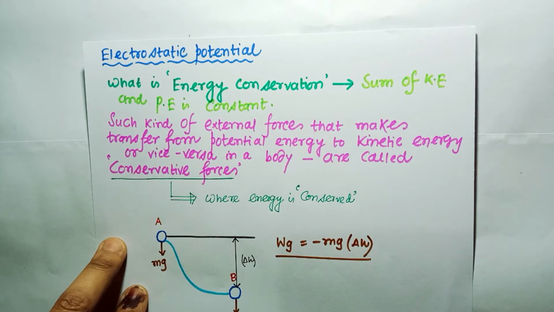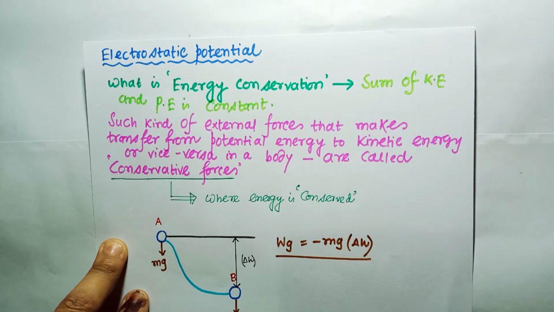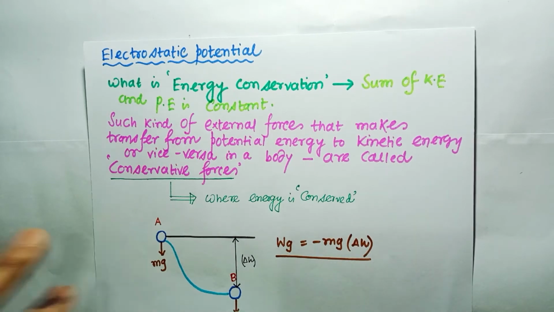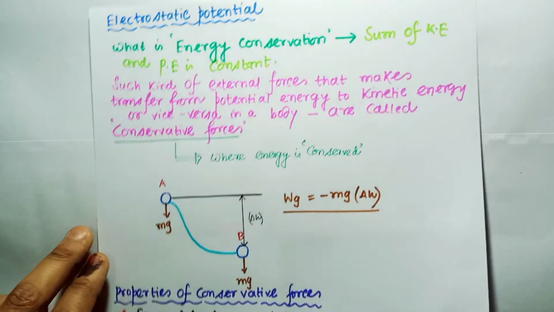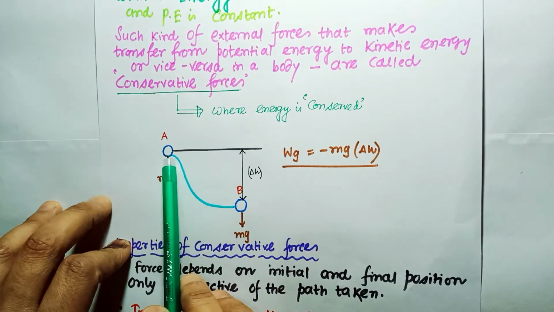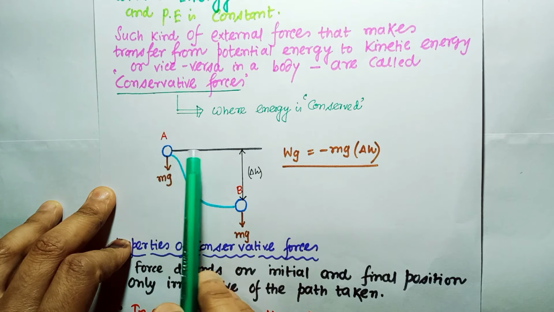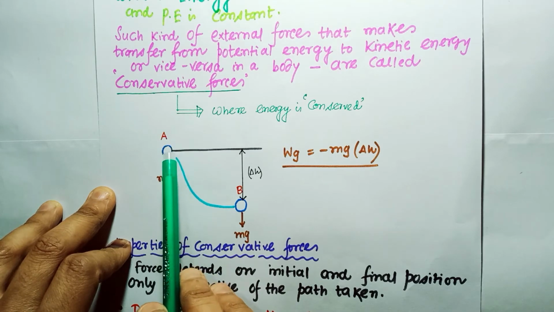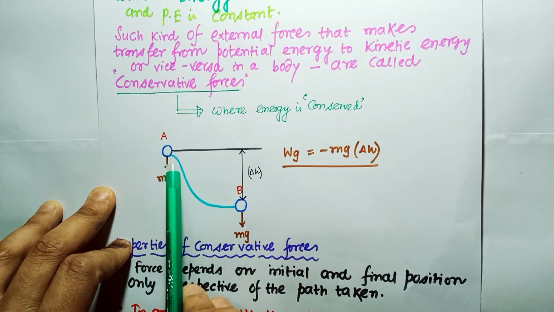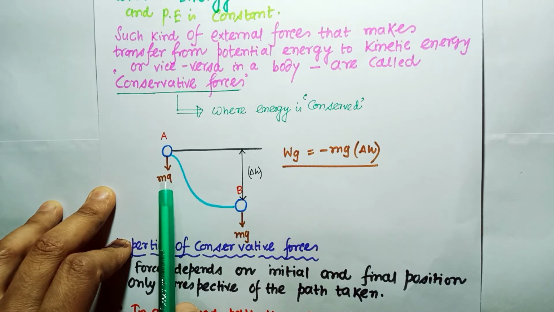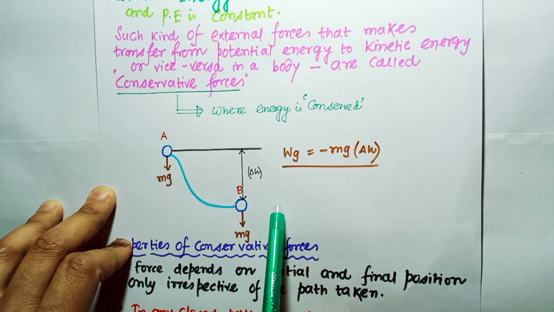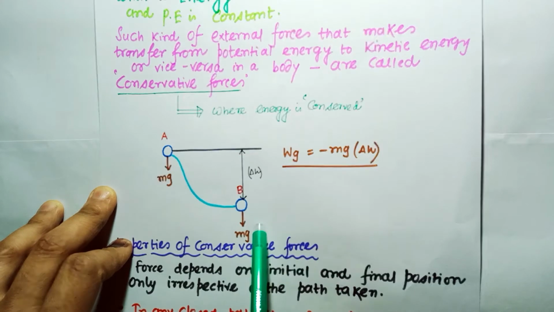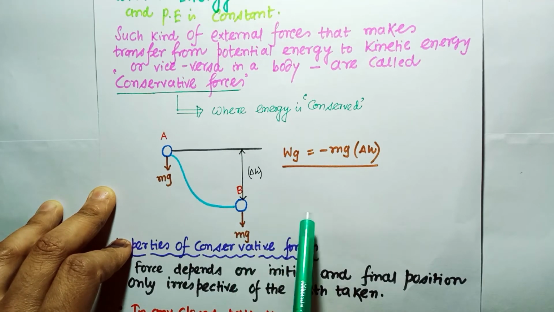From the following diagram here, we can get a better idea of the conservative forces. So you can see there are two positions of the ball here. Initially the ball is at position A, and its weight is acting downward due to the gravity. It is mg acting downward, and I took the ball from position A to position B, where the vertical displacement is delta H under the influence of the gravity.